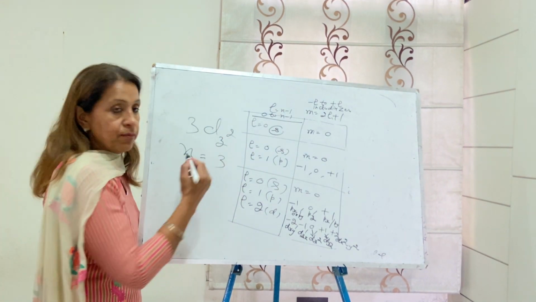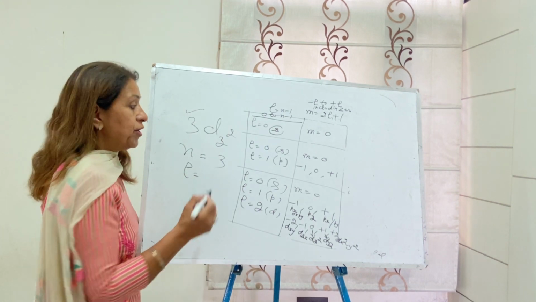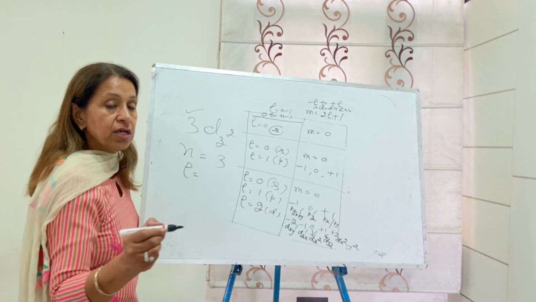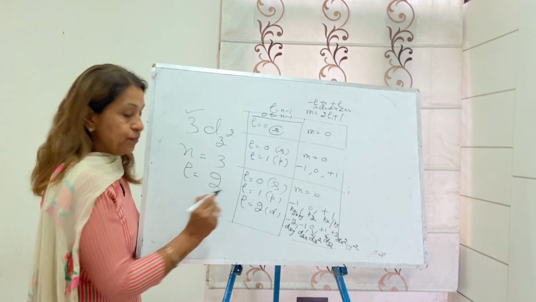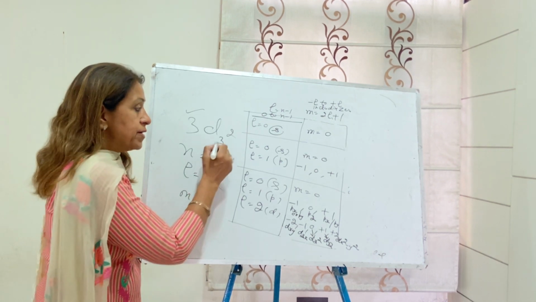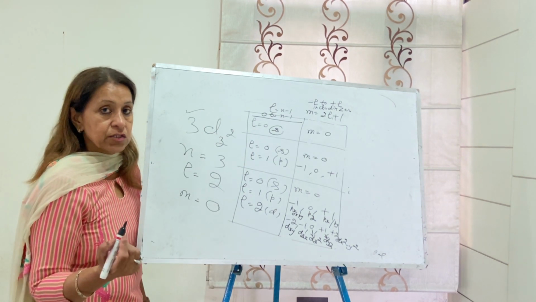n is 3 because 3 means shell. For l, d, it is s, p, d: s for 0, p for 1, d for 2. What is the m? dz square, m is 0. I think it's clear now.